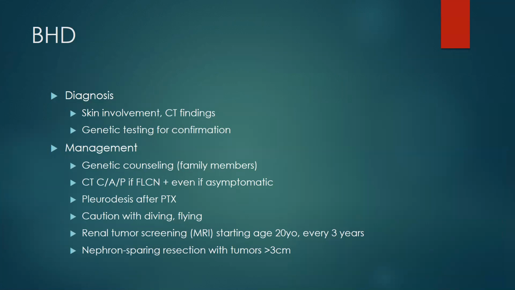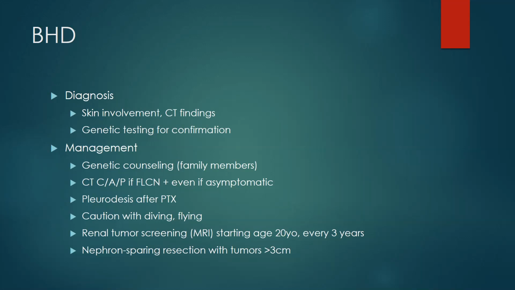For management of these patients, CT chest, abdomen, pelvis if they are positive for the mutation, even if asymptomatic. Pleurodesis is usually needed after the first pneumothorax, again, because recurrence is pretty high. These patients should have caution with diving, shouldn't go scuba diving. Usually flying is okay, but again, it depends on their disease progression.